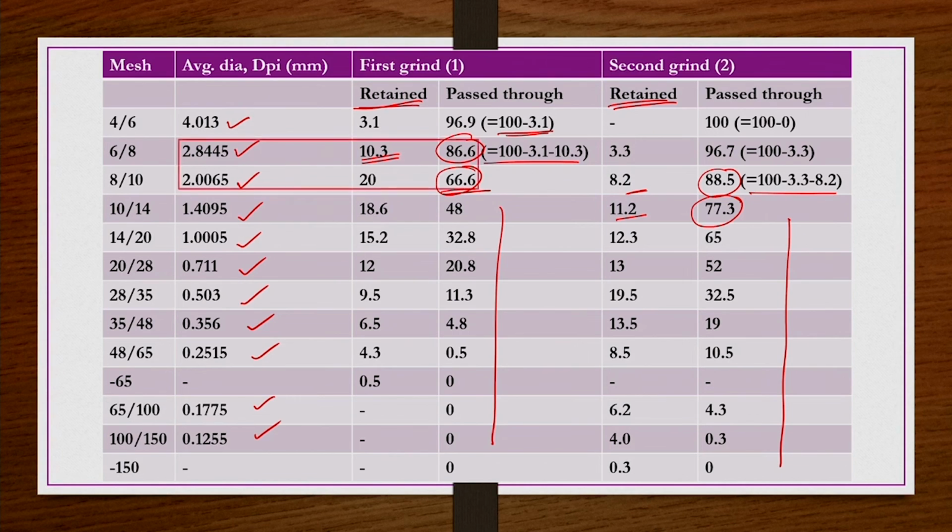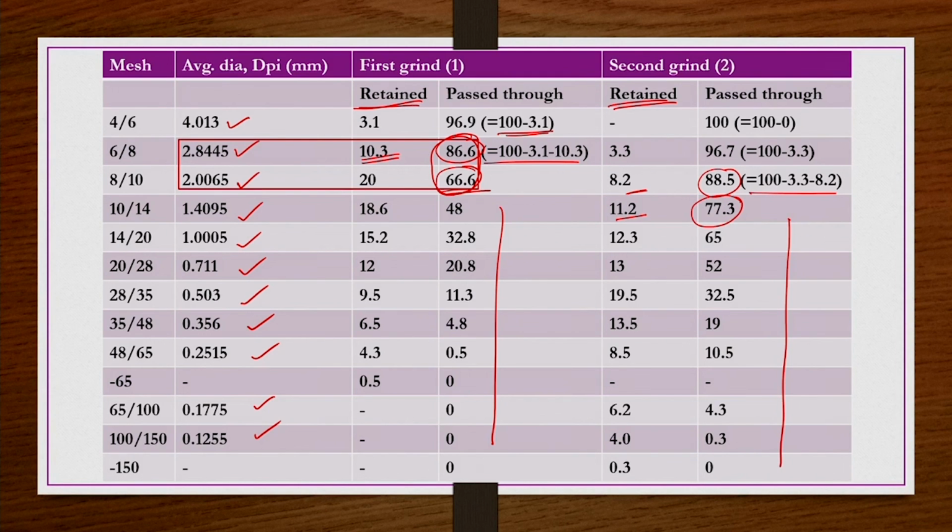So, that means in the first grind, 80% is between these two, right, 6 by 8 and 8 by 10. So, in between these two somewhere it is having 80% of material passed through. So, you can do the graphical method, material passed through versus the average size DPI, and then you have the curve for this passed through versus average size.